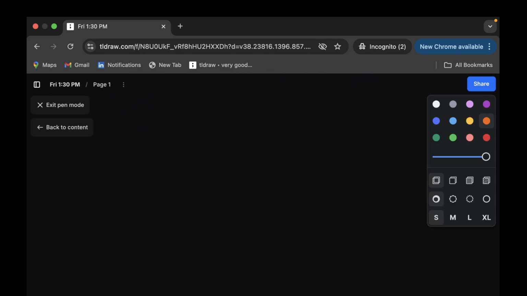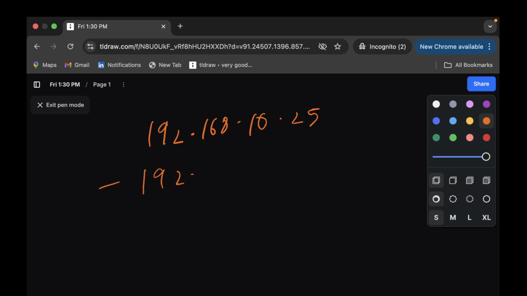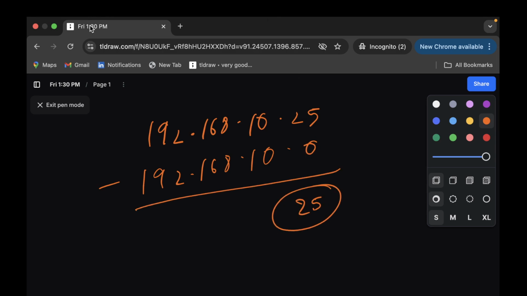If I subtract 192.168.10.25 from it, the only difference is this 25, which is basically indicating the device on the network.